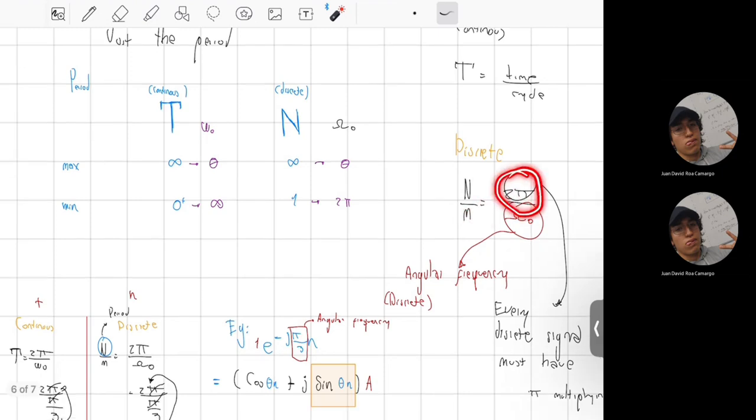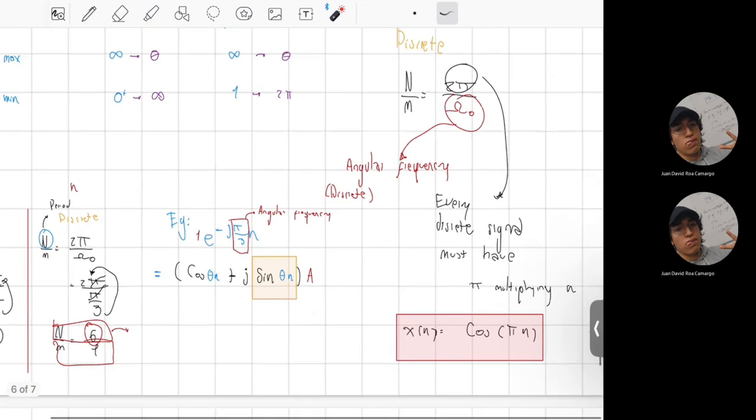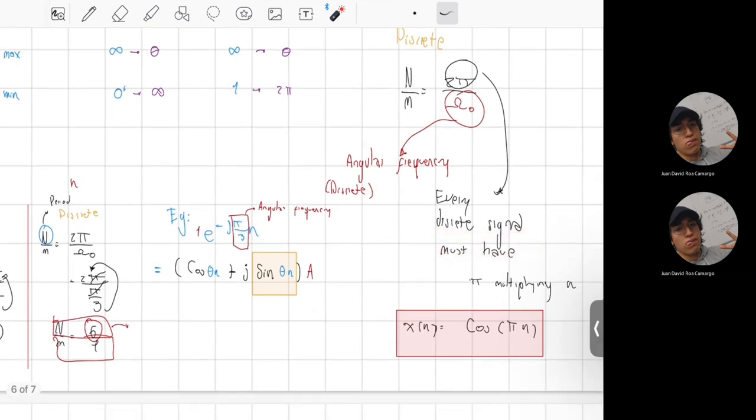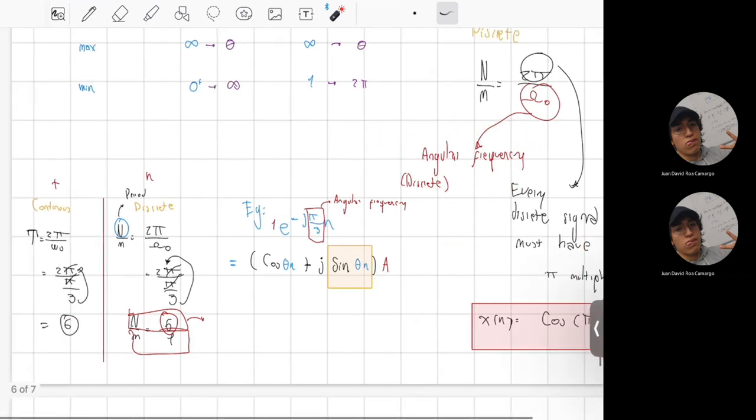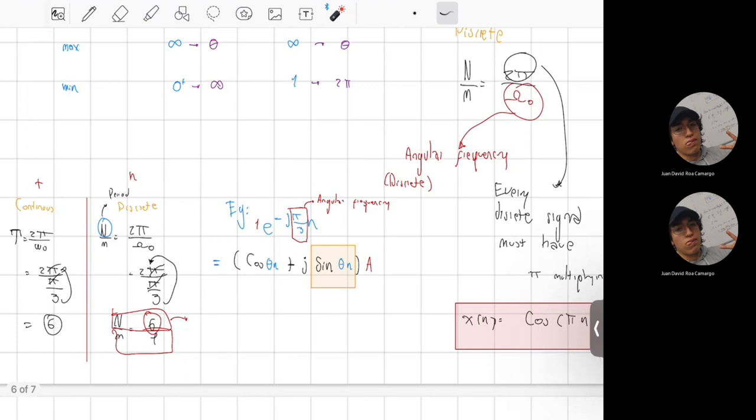This relationship explains why every discrete signal must be multiplying time, or n, because otherwise it couldn't be periodic.